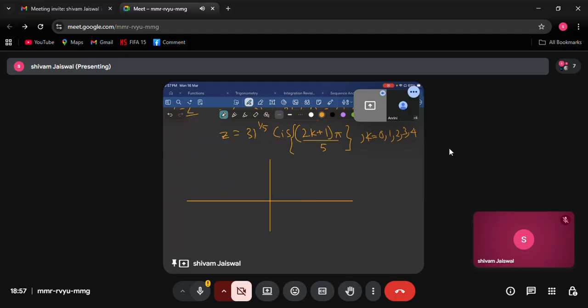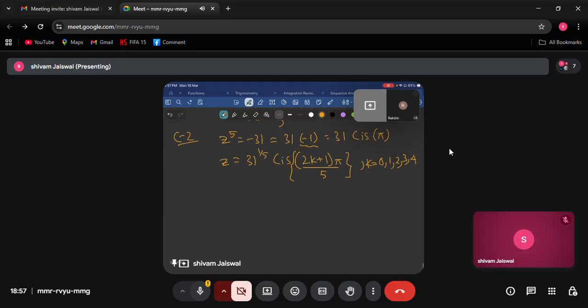If z is equal to minus 1, on which line does it lie? On the negative real axis. So what is the angle? Pi. Cos pi is minus 1, sin pi is 0. Now I understood. Is it clear? Yes, sir. Now I can solve the remaining. After that, you have to find the exact roots.